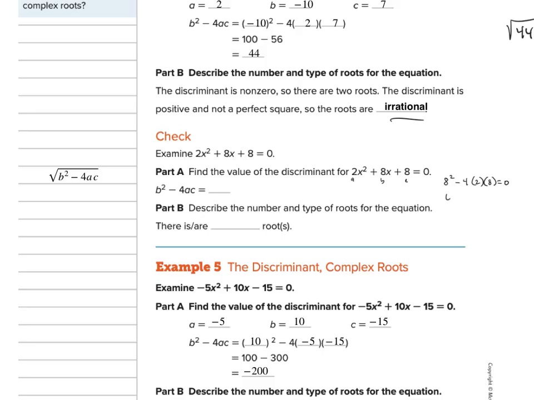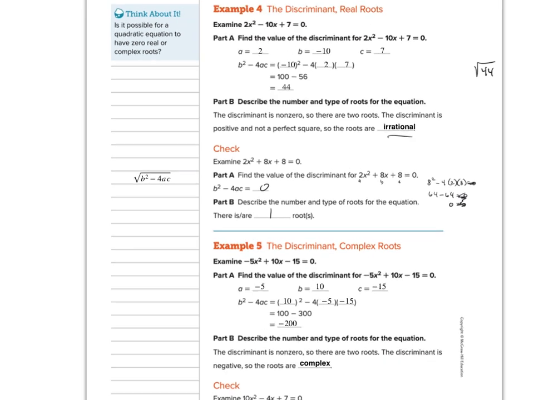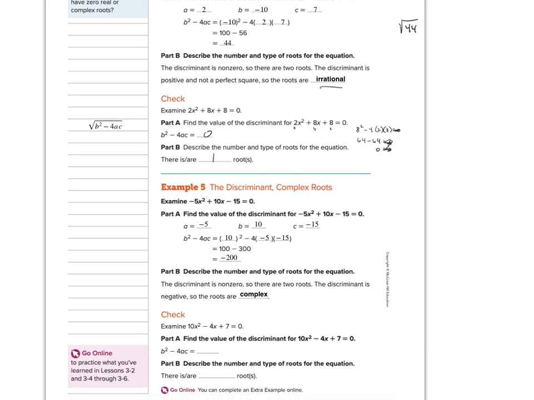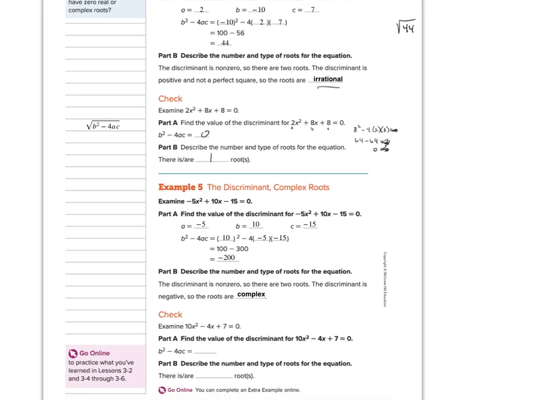So 64 minus 64 equals 0. The discriminant is equal to 0. So there is one root available for that because the square root of 0 is 0.